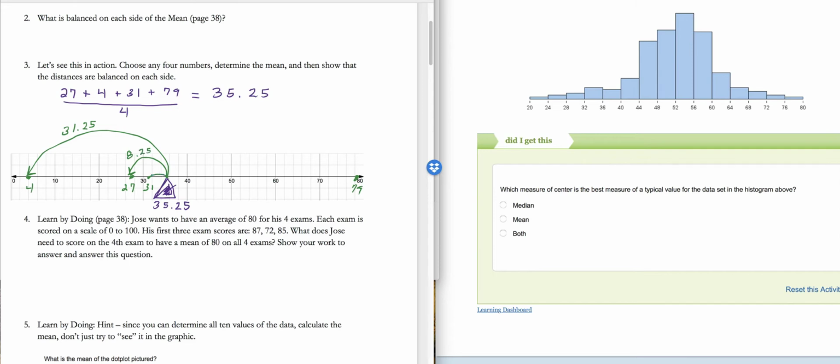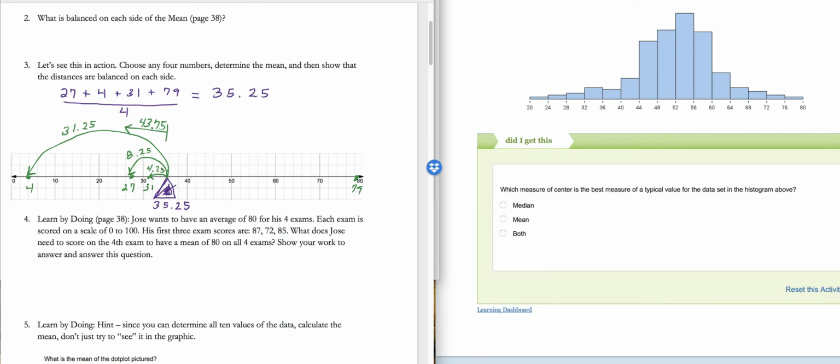And then for our last point, 35.25 back to 31 is a distance of 4.25. So from the mean, our total distance below the mean, add up our three numbers, 31.25 plus 8.25 plus 4.25 gives us a total of 43.75.